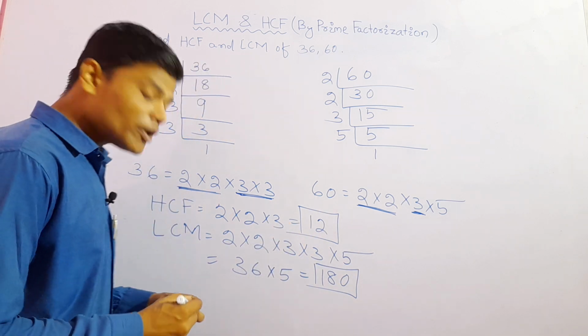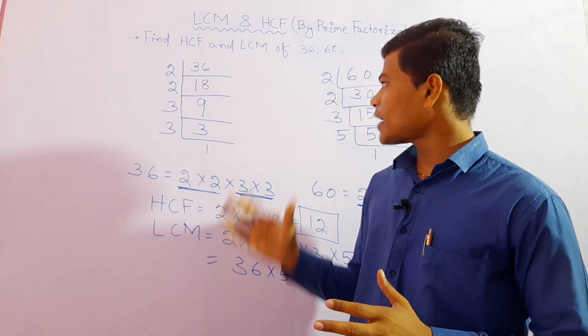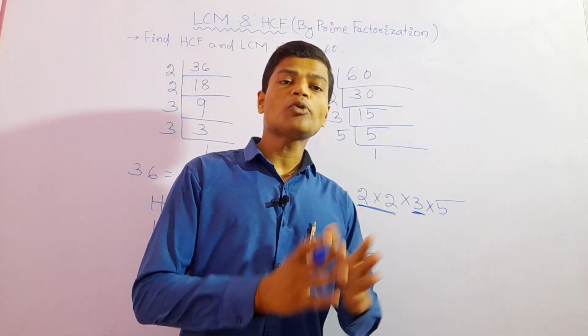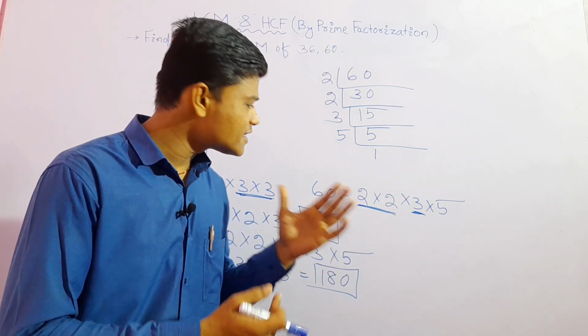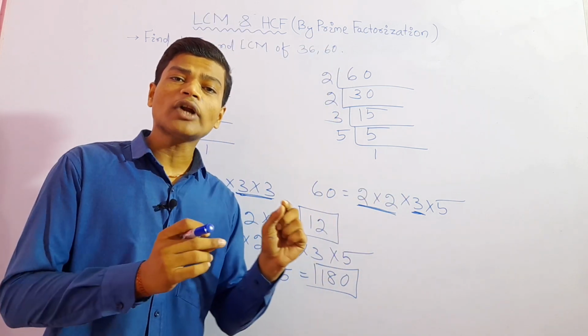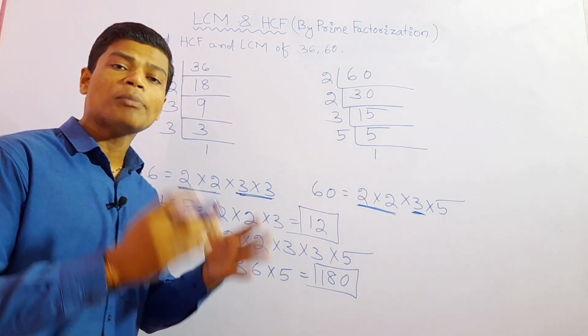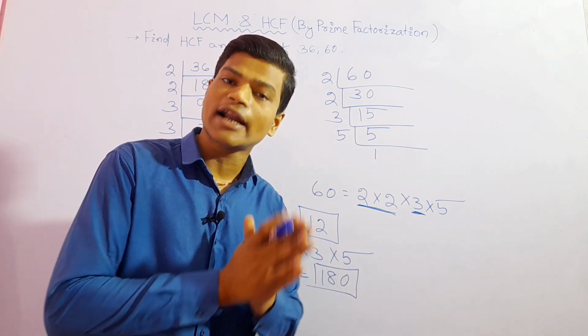So this is how we can get the LCM and HCF of any given numbers by the prime factorization method. In this method, first we have to prime factorize all the given numbers, then we need to find out their LCM and HCF. And the important thing is, when you are finding HCF by prime factorization, you have to consider the common factors and you have to take the minimum time of their appearance.